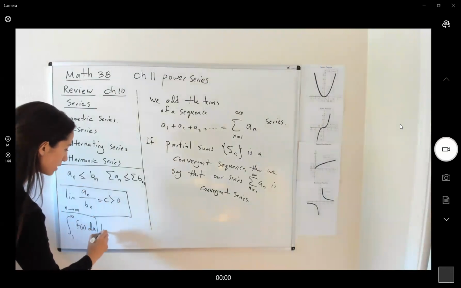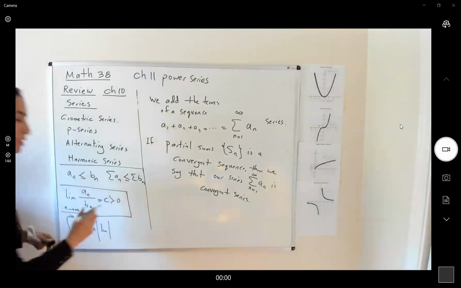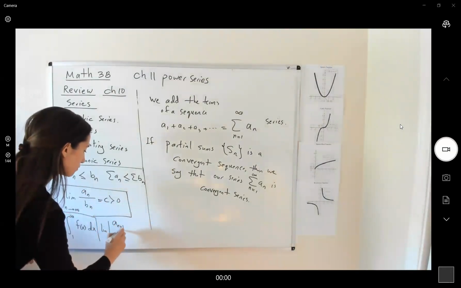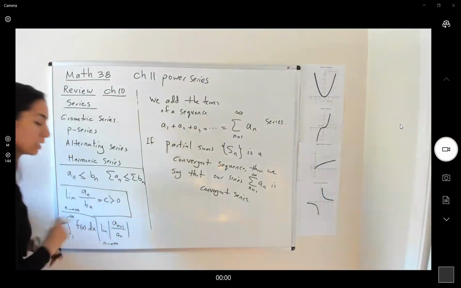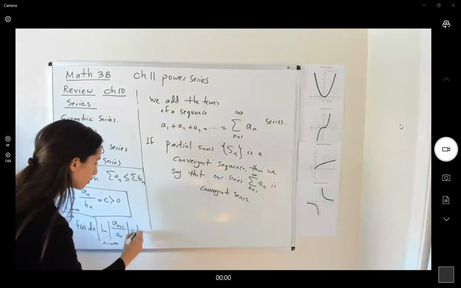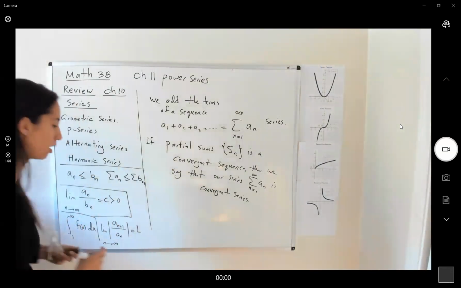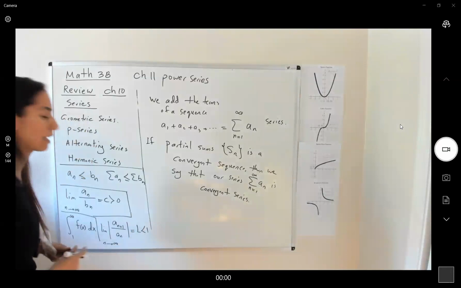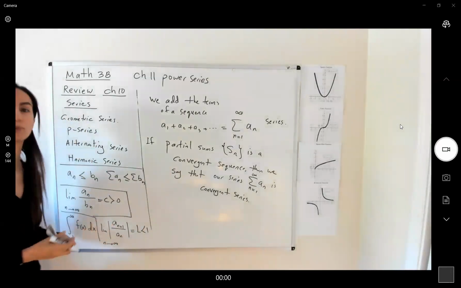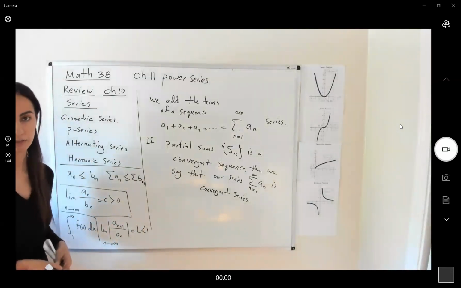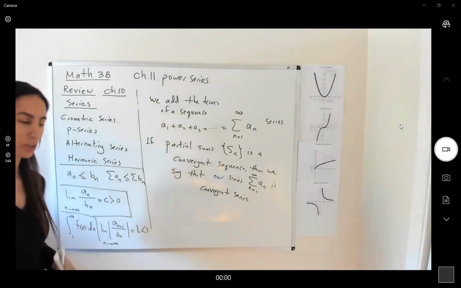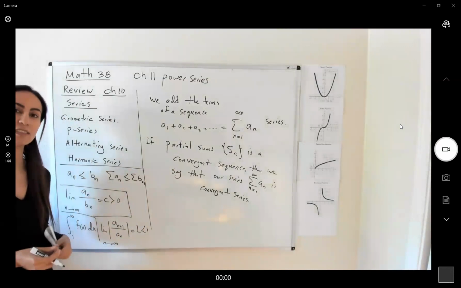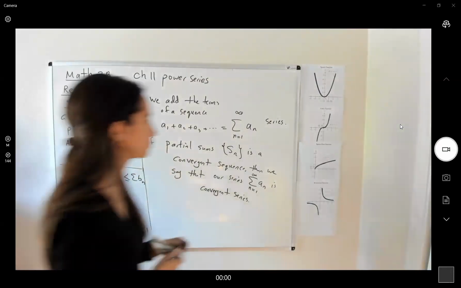For the ratio test, we said that the limit of the absolute value of a sub n plus 1 divided by a sub n while n goes to infinity, if this is equal to L, just a number, and L is less than 1, then you have an absolutely convergent series. And we know that any absolutely convergent series is also convergent. So we say that our series is convergent.